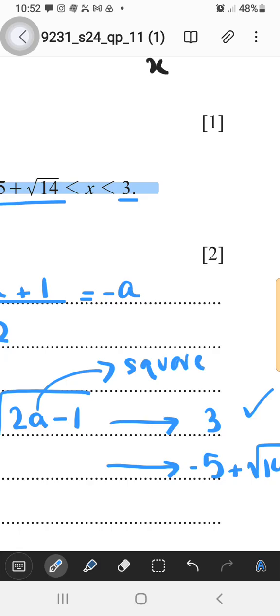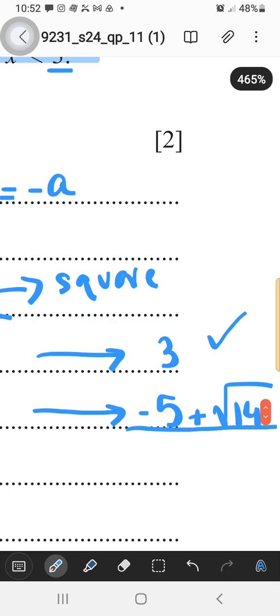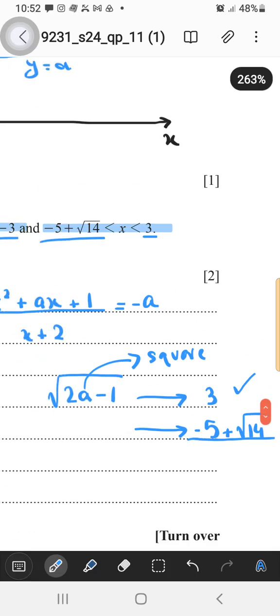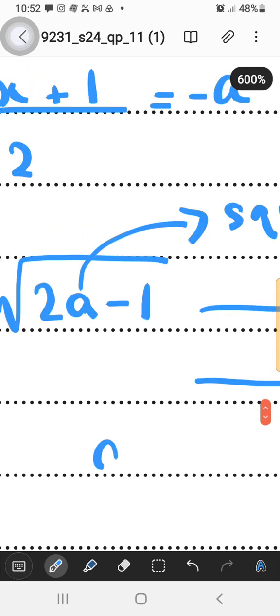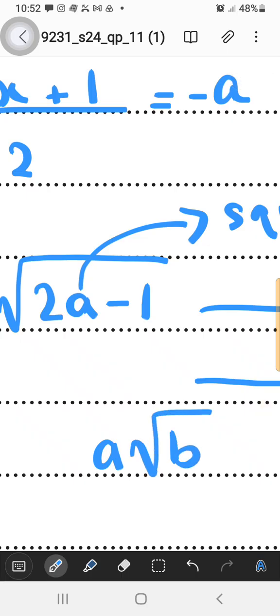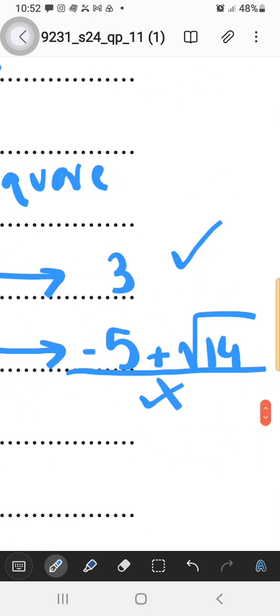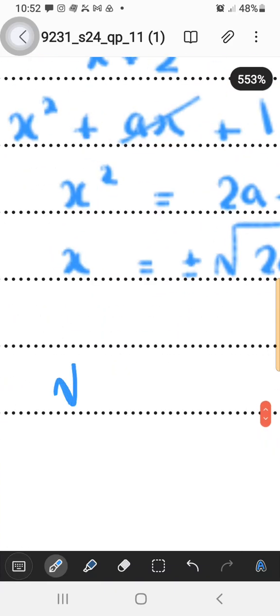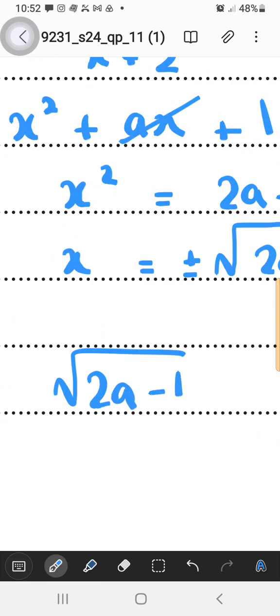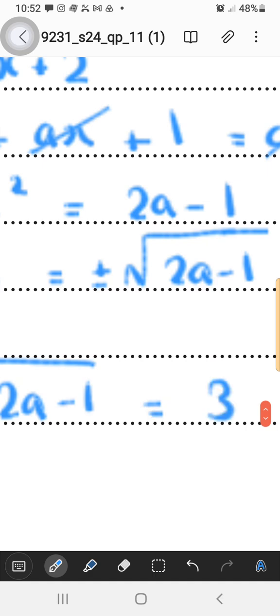If this becomes a square number, this structure is never ever possible. How? You say if there is a non-square number, this structure is possible. I will say no, if there will be a non-square number, this structure will be possible, not this one. So this got cancelled. So we got that under root 2a minus 1 is equal to 3.